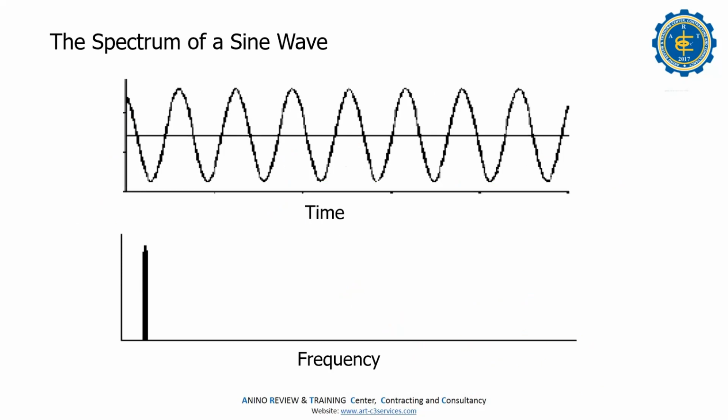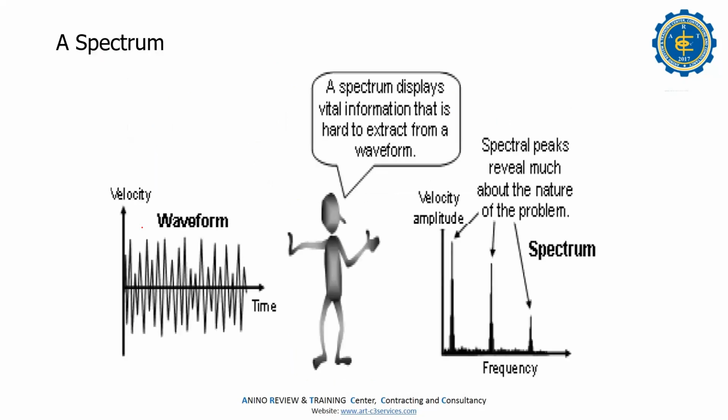So this one is the spectrum. This is the time waveform, a sine wave. You are an electrical engineer, so you know this one, right? Sine wave, time waveform. And this is the frequency spectrum.